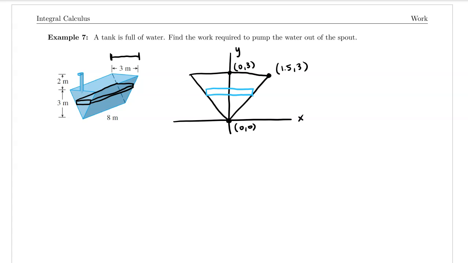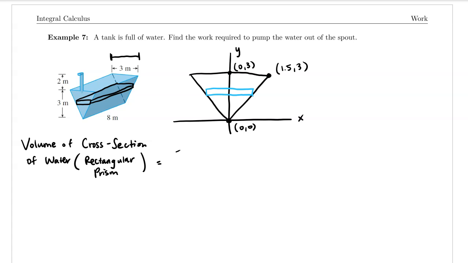And because it's a rectangular prism, the volume of the cross-section of water is equal to length times width times height.